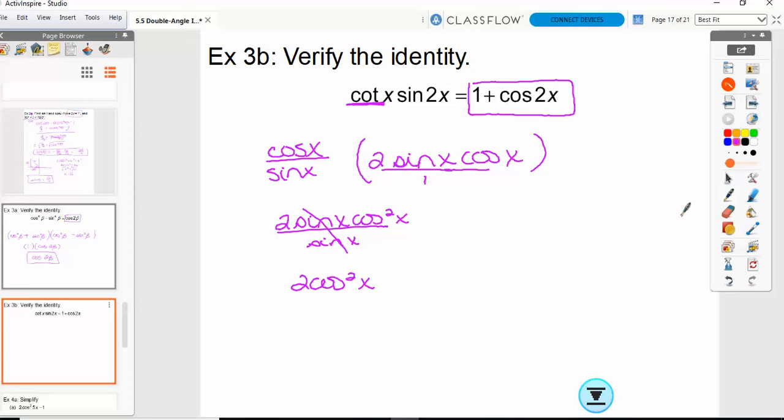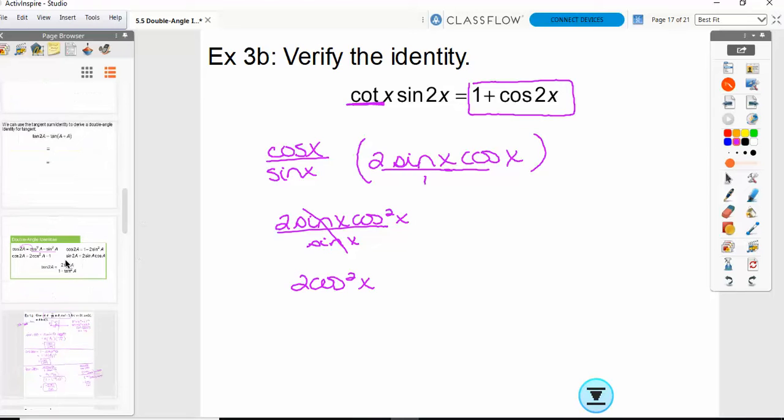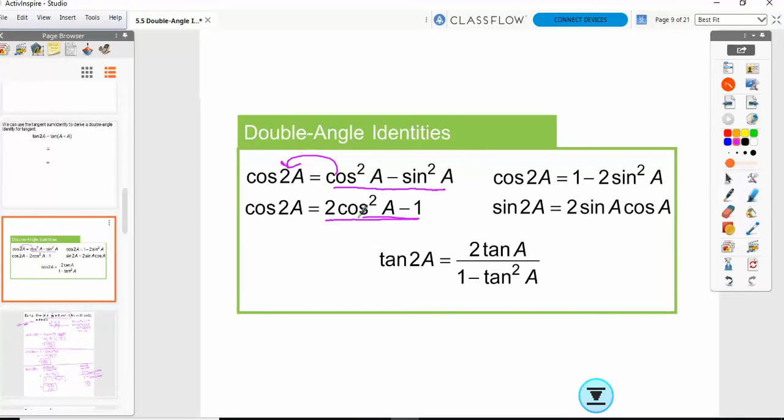If we get stuck, we know we can work the other side, right? Isn't that just, doesn't that equal it if you were to add one to the other? Okay. Well, there's one right here, and it's cosine 2a equals 2 cosine squared a minus 1.